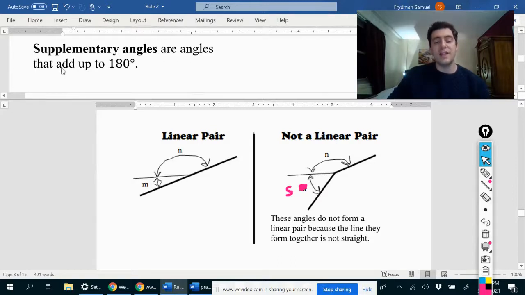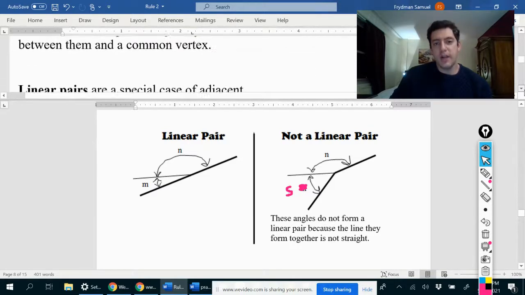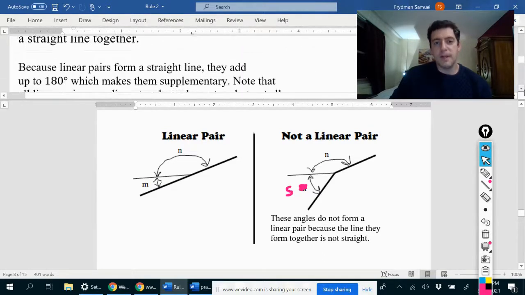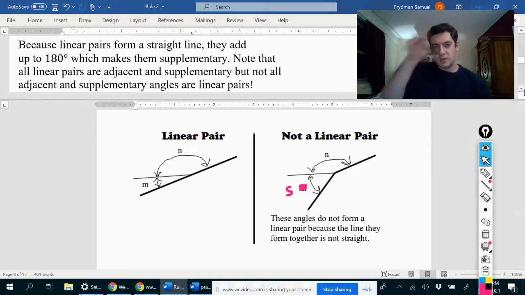Supplementary angles are angles that add up to 180 degrees. So therefore, all linear pairs are supplementary, because if they make a straight line, they must be supplementary, because a straight angle is 180 degrees. So all linear pairs are 180 degrees.